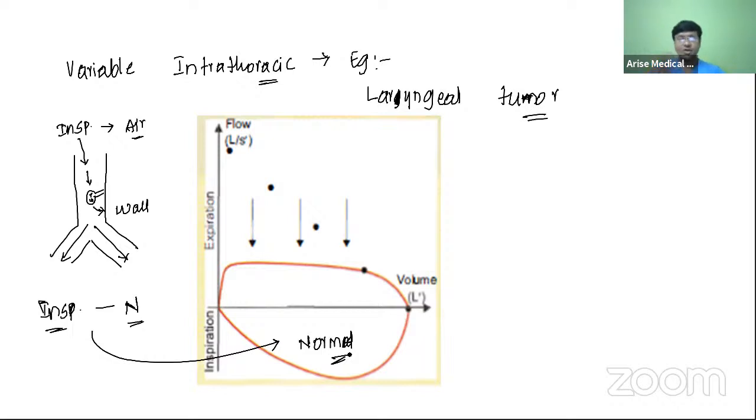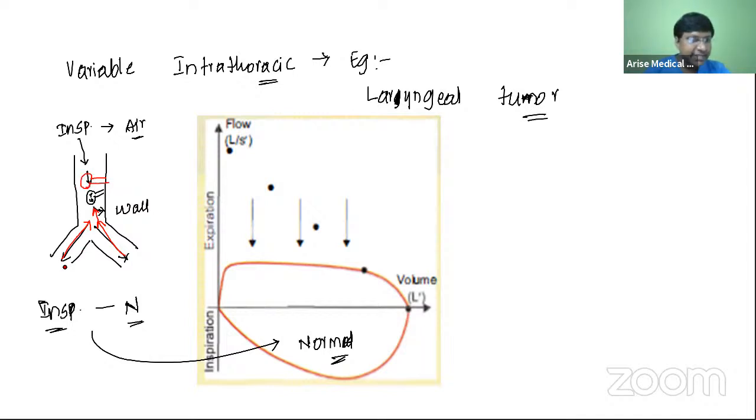The inspiratory component will be normal, but during expiration, when the air is moving out, it will push the laryngeal tumor, and thereby the laryngeal tumor will come to a resting position.